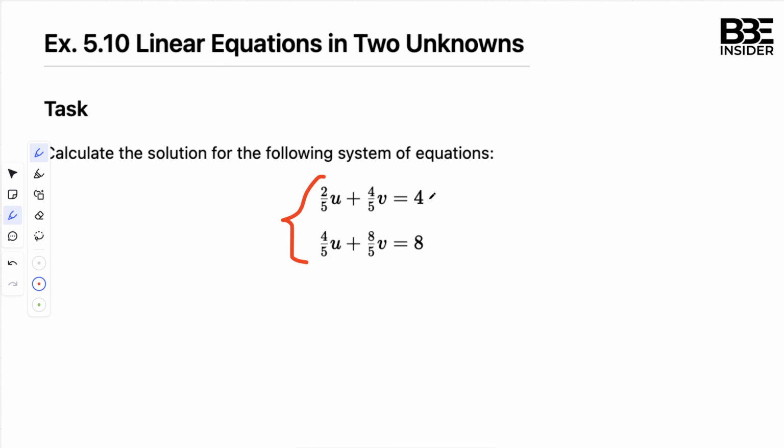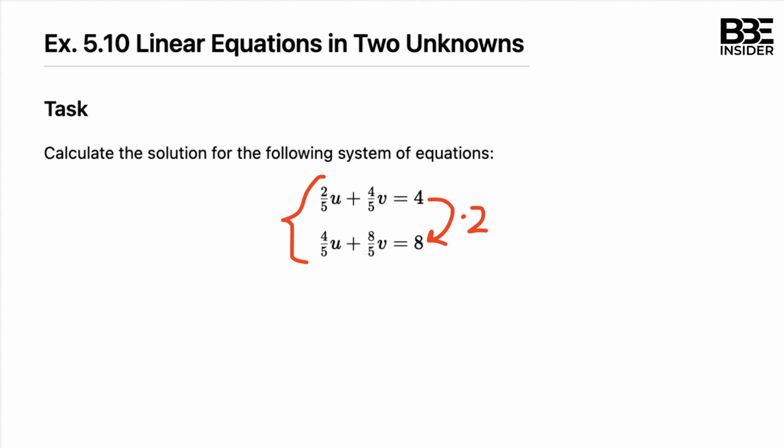The very first equation is exactly the double of the second equation. And therefore, because multiplying both the left-hand side and the right-hand side by 2 obtains the second equation, we can conclude that these equations both have the same slope and the same y-intercept.